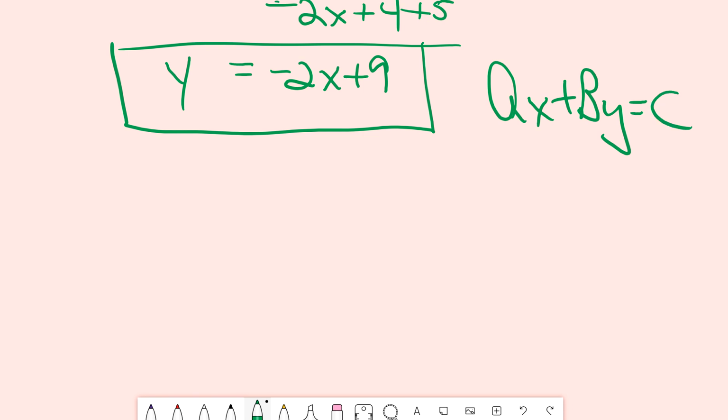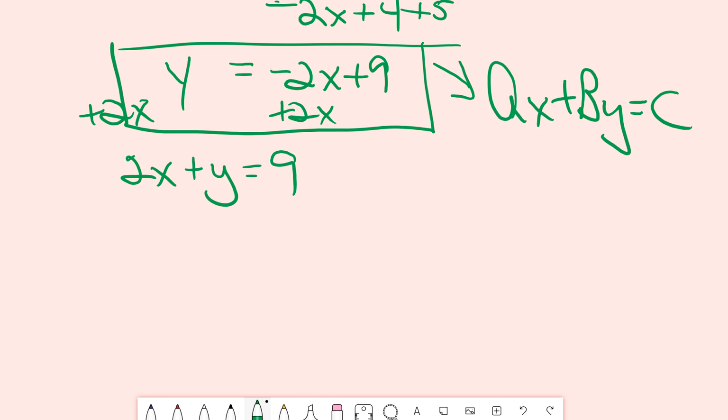So I can see that the ax and the by are on the same side of the equation. What I like to do is to have my beginning term, the a, be a positive number whenever possible. So in this case, if this is my equation in slope-intercept form, I want to change it to be in standard form. Well, I'm going to add 2x to both sides. Add 2x. And when I do, I end up with 2x plus y equals 9.